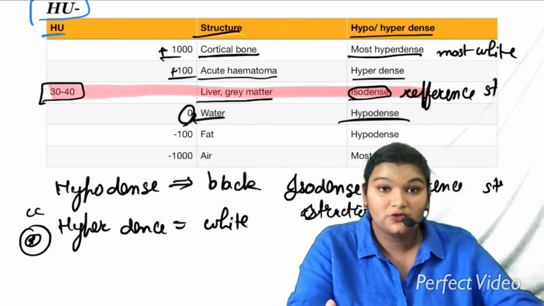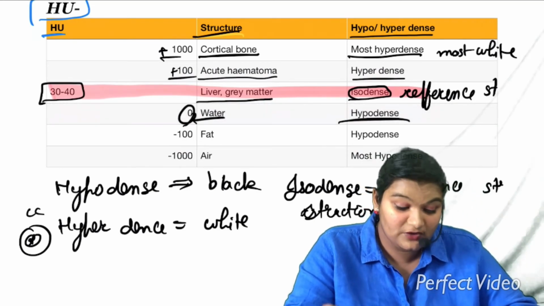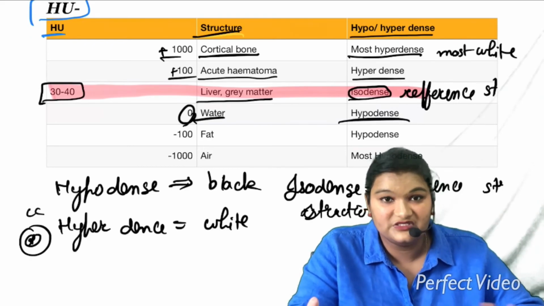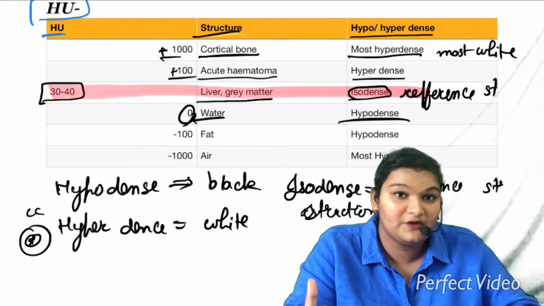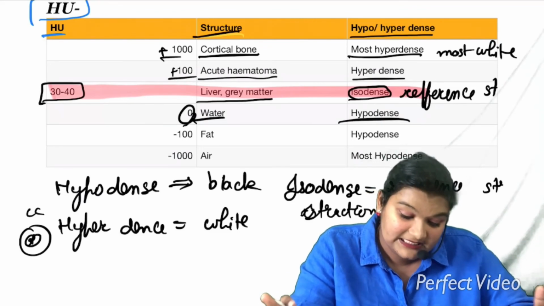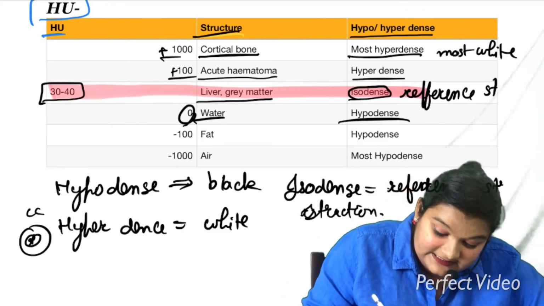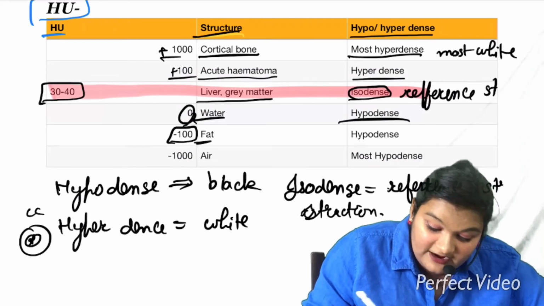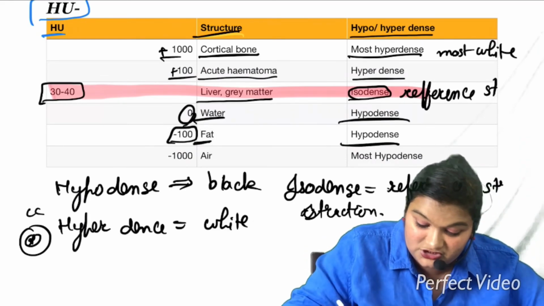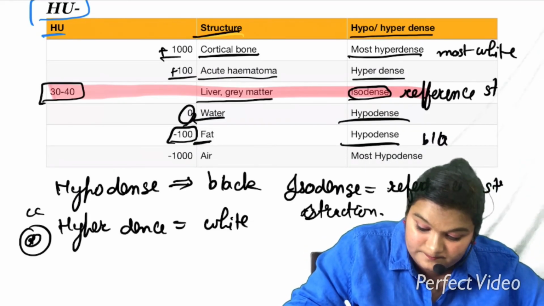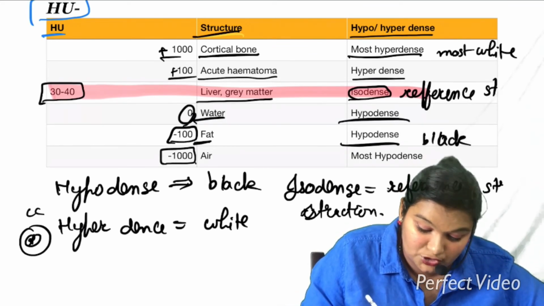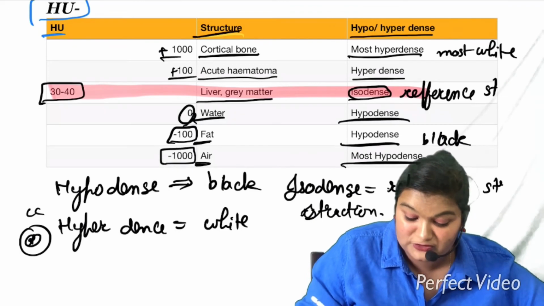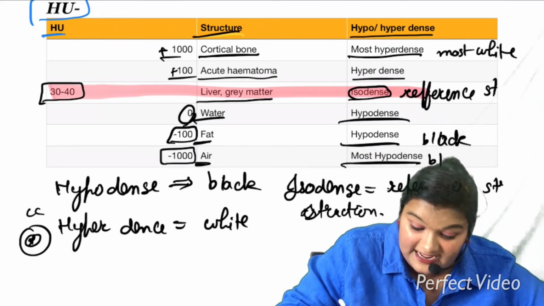Okay, so how are you going to learn that the HU value of water is 0? Water has 0 calories, the calorific value of water is 0, so the HU value of water is 0. Then minus 100 is shown by fat, which is a hypodense structure, that is, it appears black. Right? Then minus 1000 is shown by air and is the most hypodense structure, that is, it is the blackest of all.